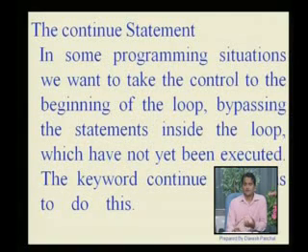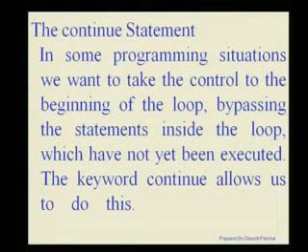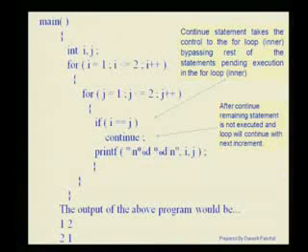Next is the continue statement. The continue statement is generally used for sending our control back to the beginning of the loop, meaning we do not want to execute the remaining statements of the loop, and we want to move execution directly to the beginning of the loop. Now let us understand with an example.